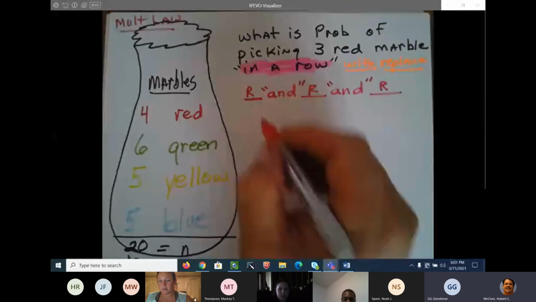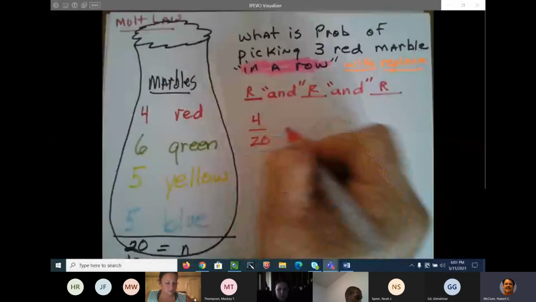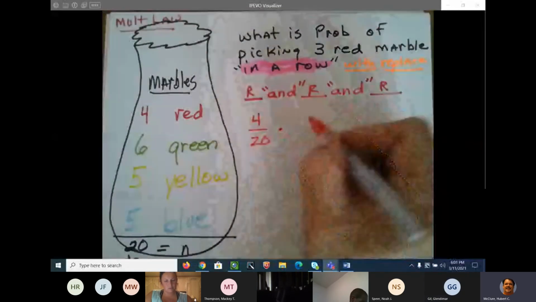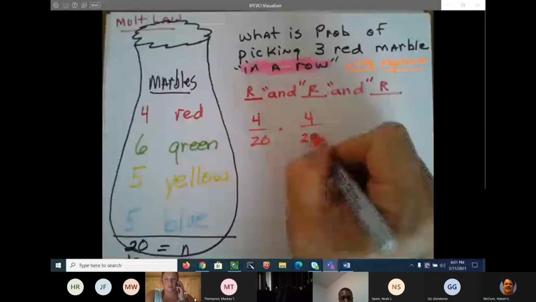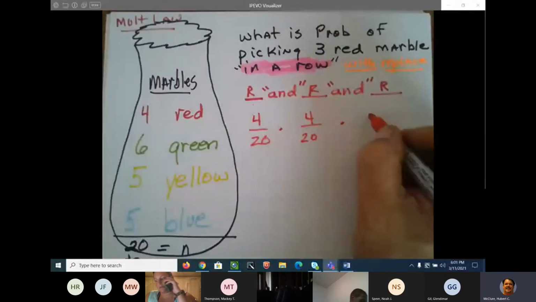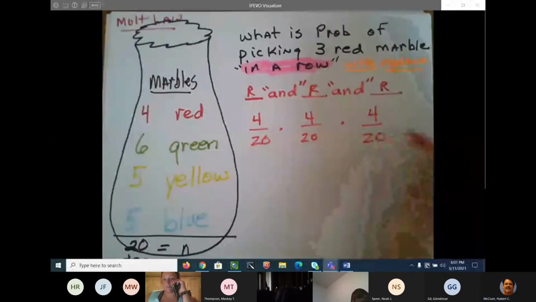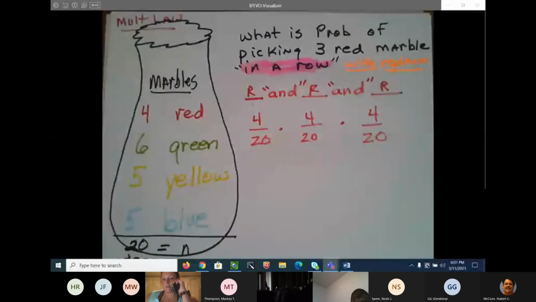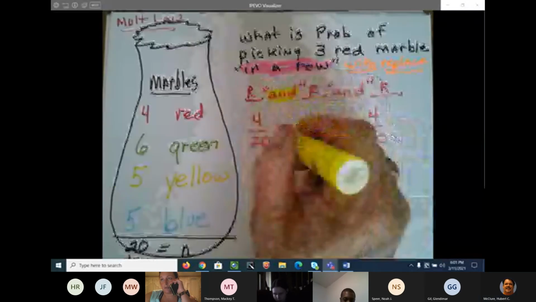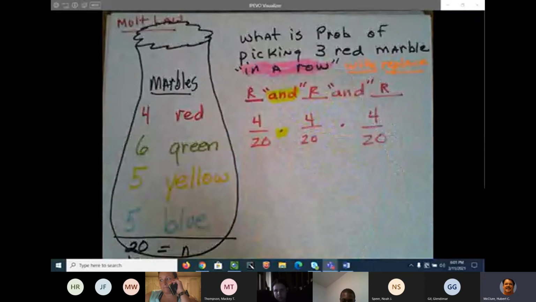Good job. 4 out of 20 times 4 out of 20 times 4 out of 20. Now I'm going to get my highlighter out again. What does the word and stand for? Multiplication.